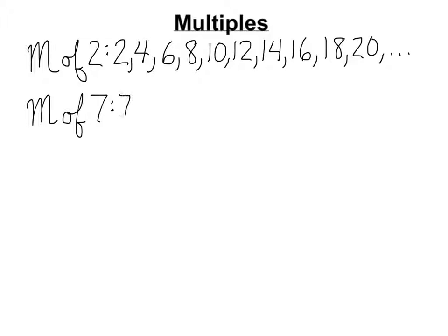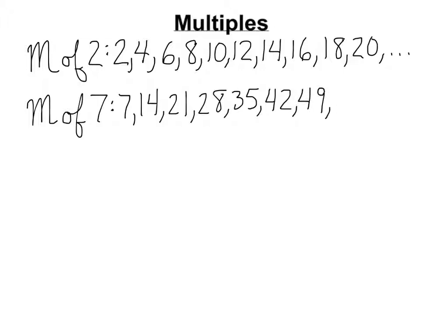So, 7, and then 7 times 2 is 14, 7 times 3 is 21, 7 times 4 is 28, 7 times 5 is 35, 7 times 6 is 42, 7 times 7 is 49, 7 times 8 is 56, 7 times 9 is 63, and 7 times 10 is 70. And again, it goes on and on and on. And those are multiples.